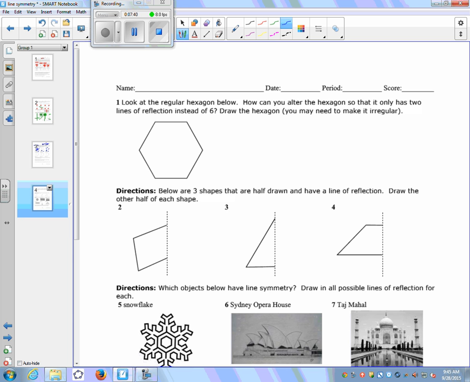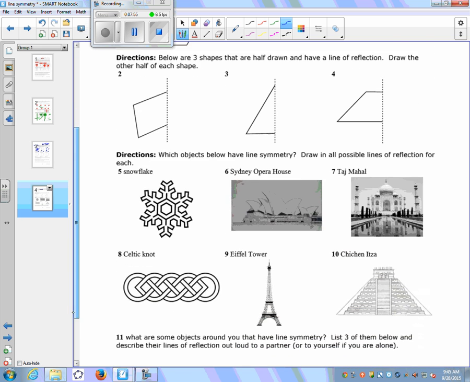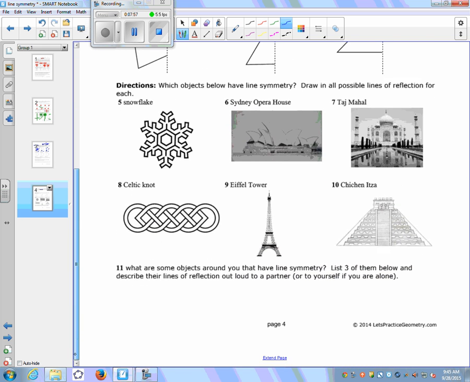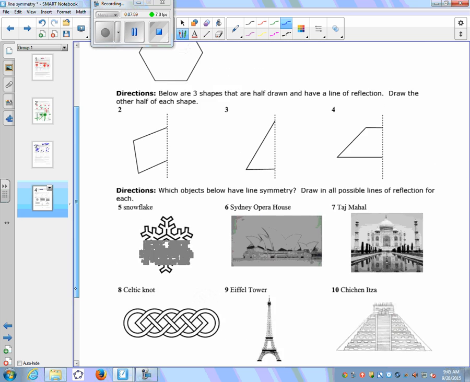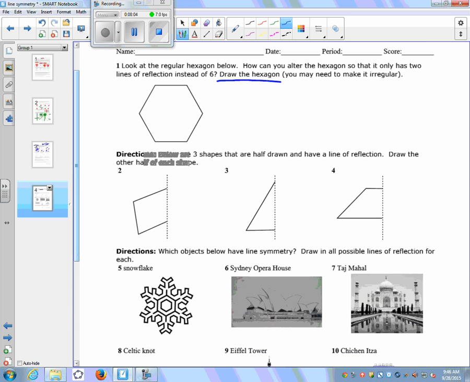Draw a hexagon that's not regular so that it has 2 lines of reflection instead of the 6. I'm going to let you try that one on your own also. And actually, why don't you finish this page and then right now, pause the video, okay? Finish this page and then come back and check your answers.